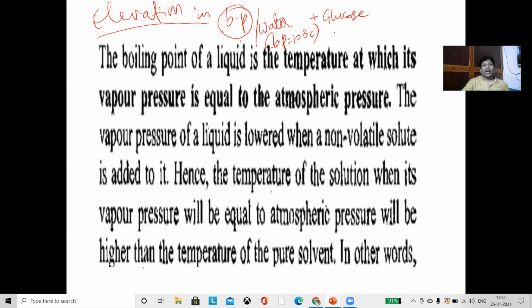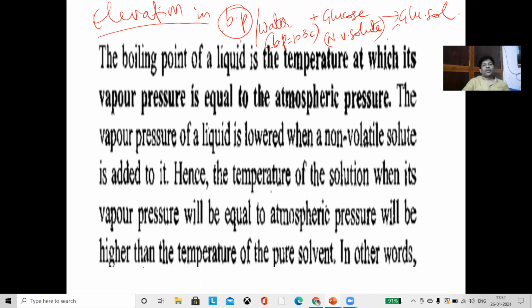So water plus glucose. To the water, we have added glucose. It is a non-volatile solute. When we add a non-volatile solute to water, the volatile solvent, what do we get here? A glucose solution. This glucose solution will have a higher boiling point than the boiling point of water.